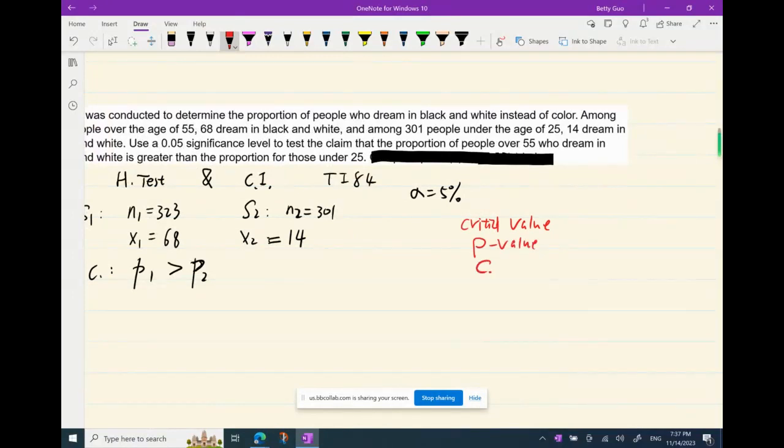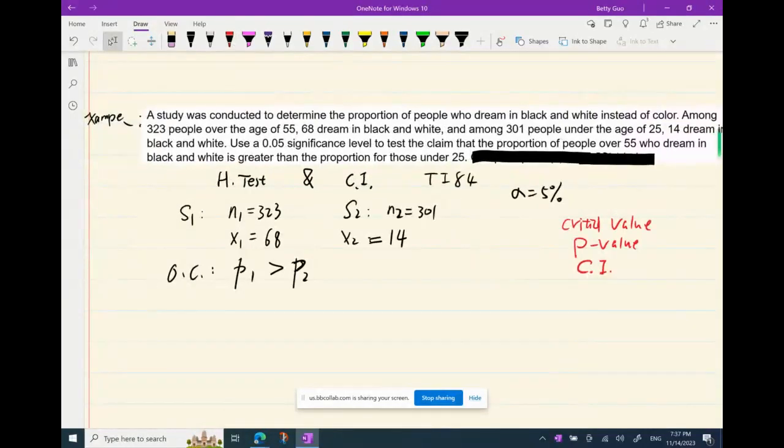The third method is the confidence interval method. We are going to apply all 3 methods to test the claim to see the result. Okay, the original claim is P1 bigger than P2. The older population has a higher proportion dreaming in black and white compared with the young population.